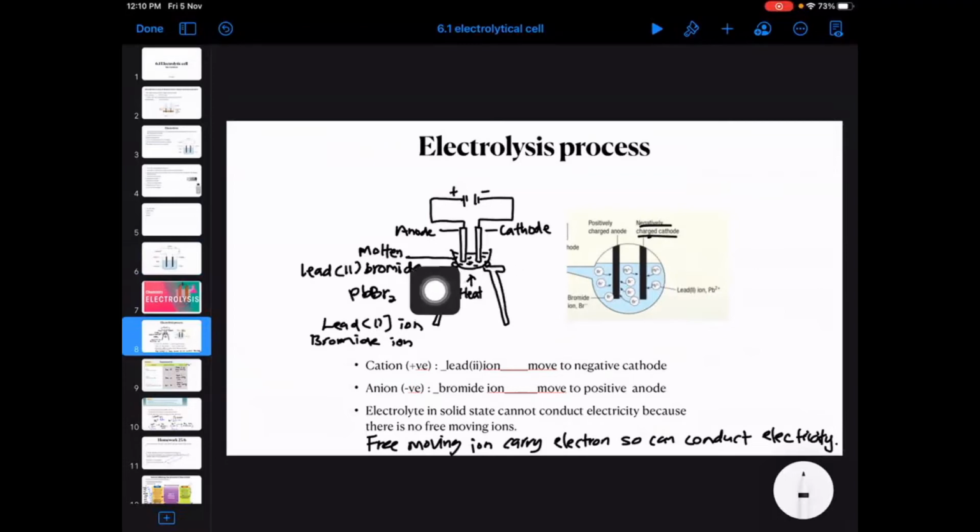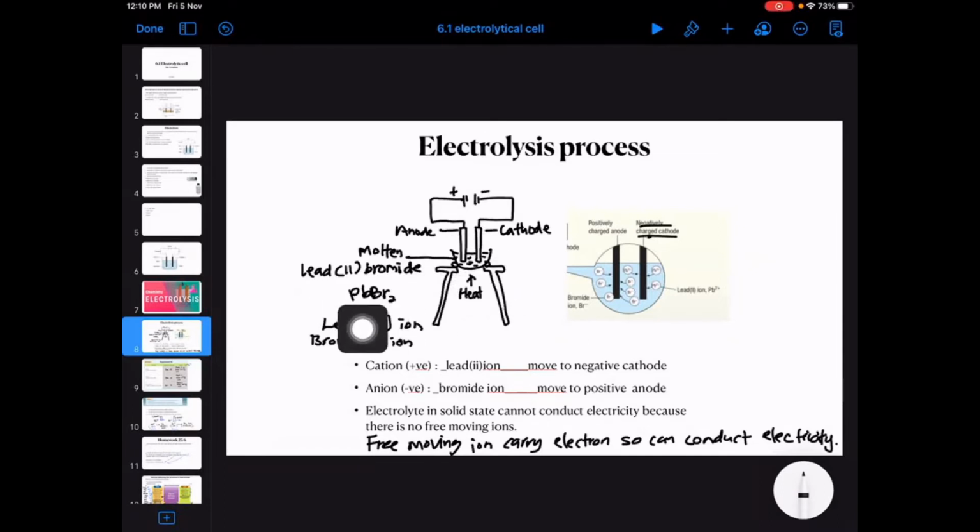So very good, this is an electrolyte. It can conduct electricity. You have a battery, anode, and cathode. The electric current will flow through this whole thing. So how can the electric current make a chemical reaction happen here in the lead bromide?